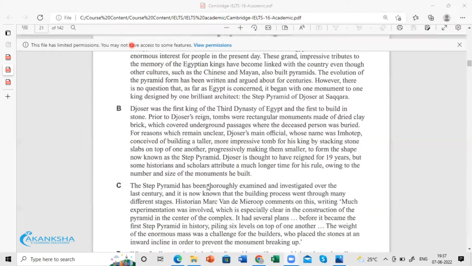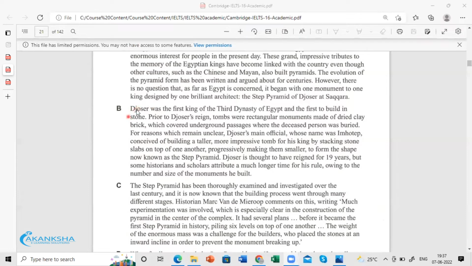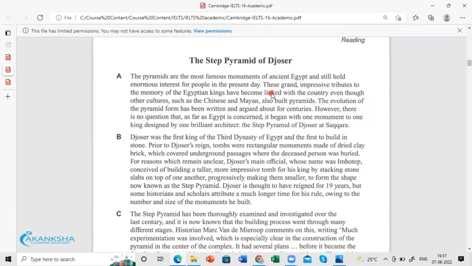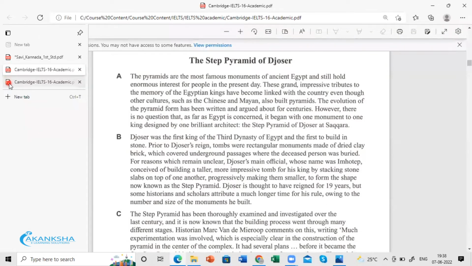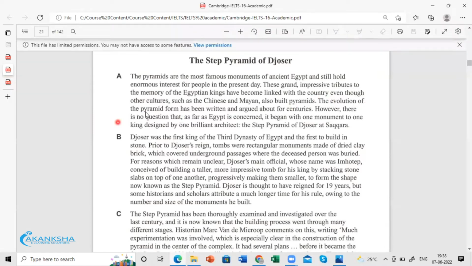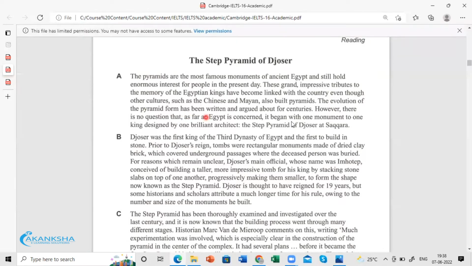Well, now here you see there is one statement: there is no question that as far as Egypt is concerned, it began with one monument to one king designed by one brilliant architect. It means in the case of Egypt's pyramid, there is no doubt about anything, because they say that the evolution of pyramid form has been written and argued about for centuries.